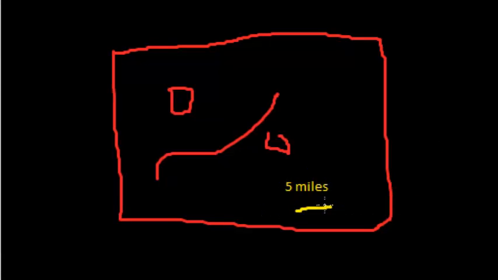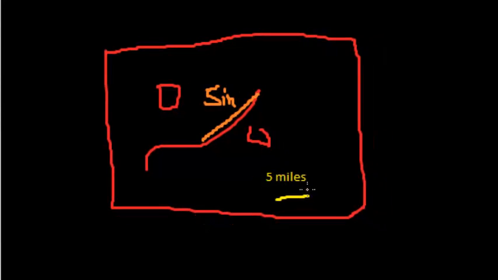So, if 2 inches is the same as 5 miles, I want to find out, if I measure the length of this, say, river here to be 5 inches, then how many miles does that mean the river actually is along that stretch?